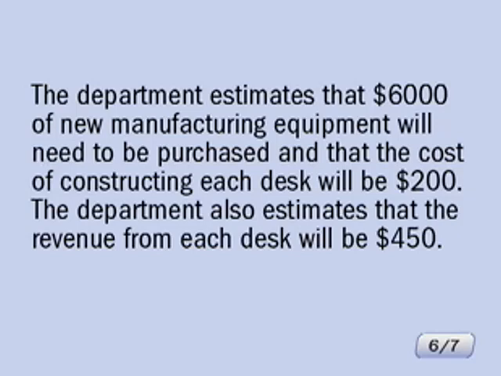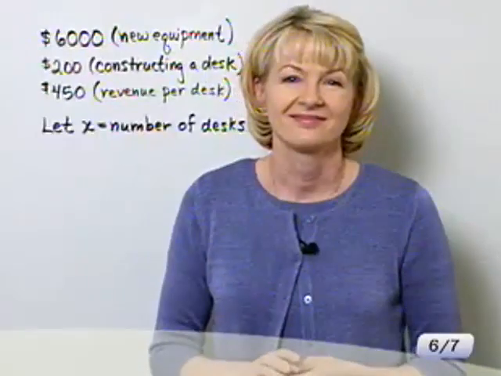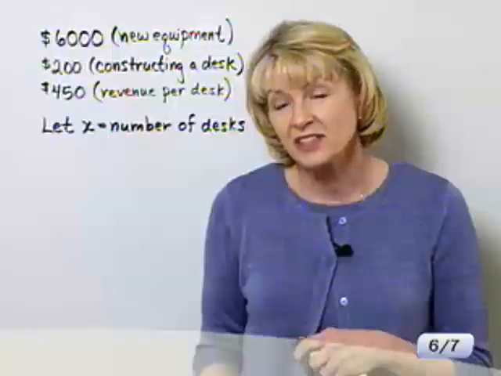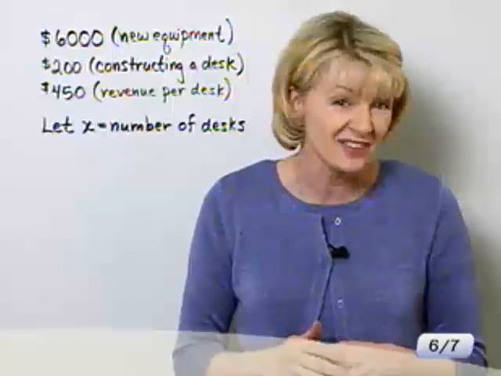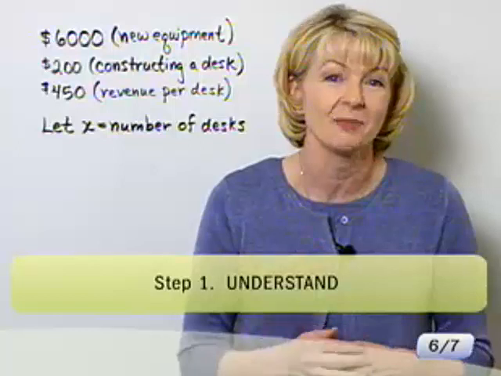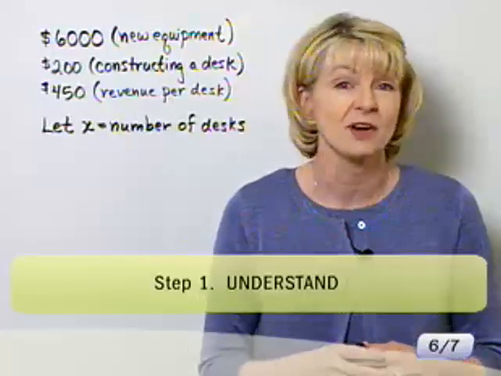The department also estimates that the revenue from each desk will be $450. Now this has to do with revenue, cost, and we'd like to figure out the break-even point. When does the company start making money?